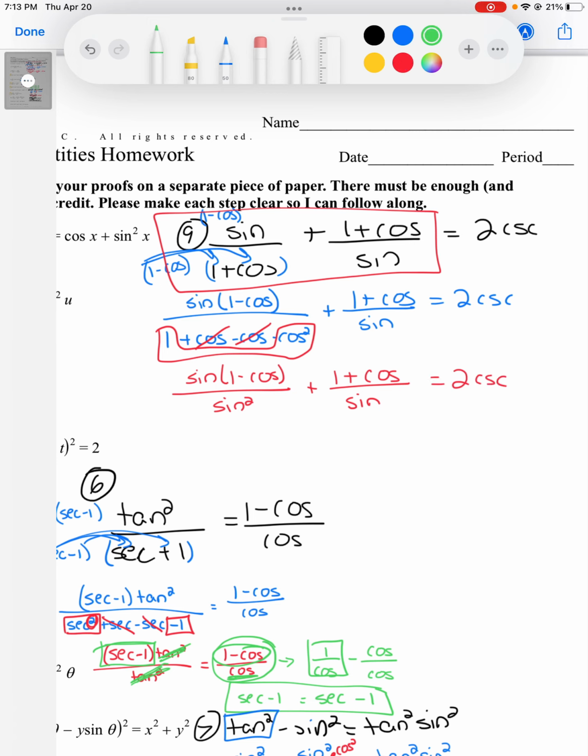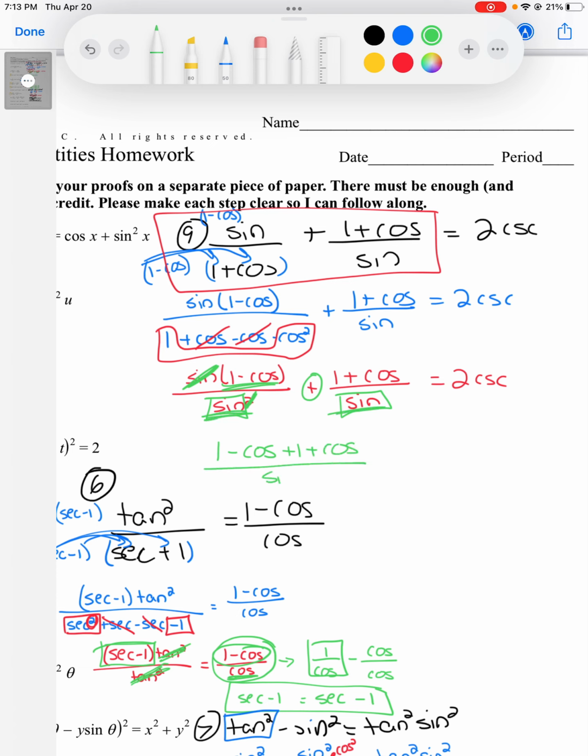And so it just works out nicely in this one that those cancel out, and now we have the same denominator. So I can easily put these together, right? So here I have 1 minus cosine on top, plus 1 plus cosine on top, and then we have to keep the same denominator, so it's still going to be sine.